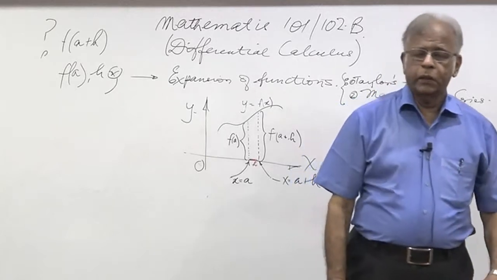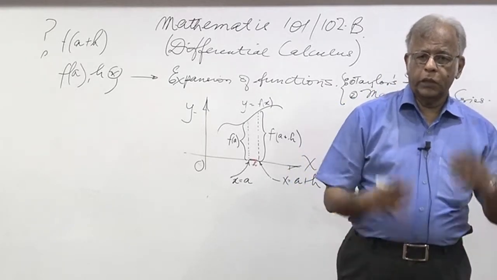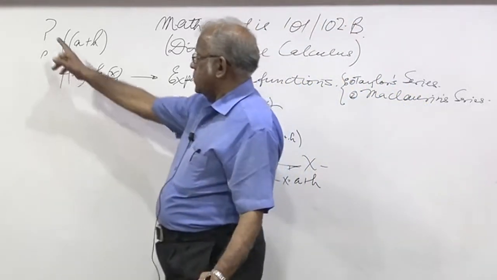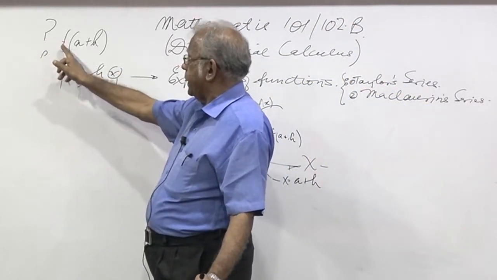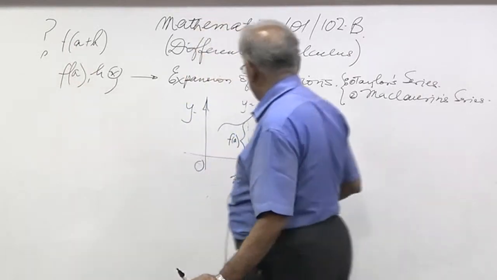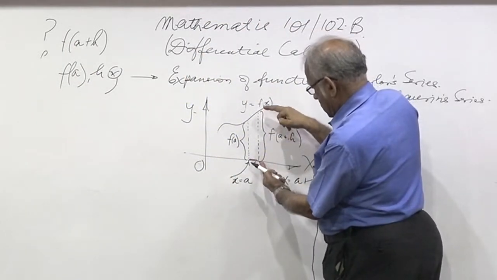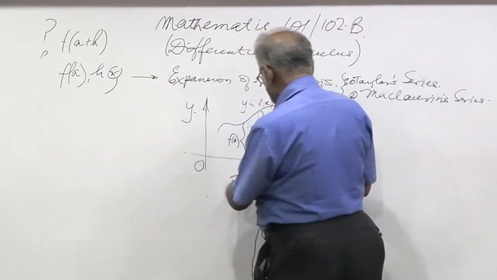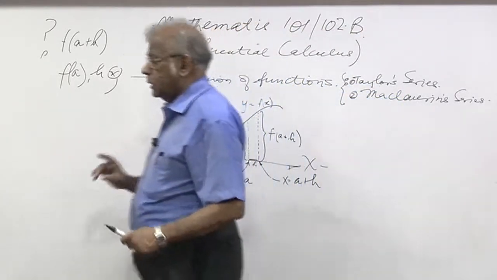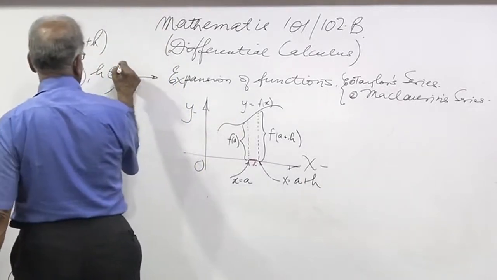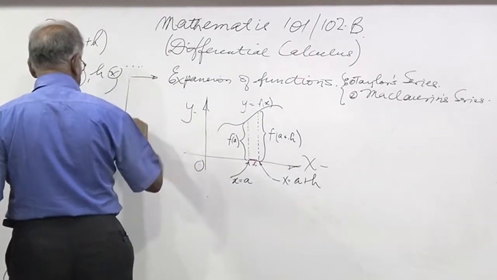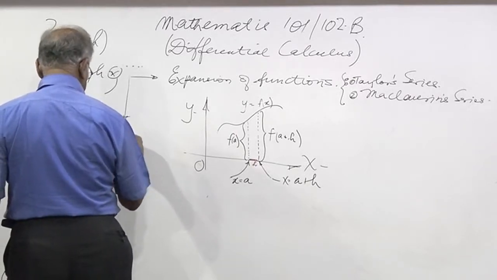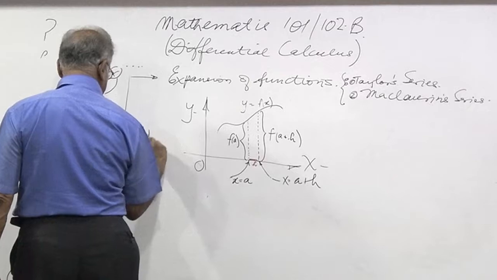I repeat the question: is there some way we can relate f(a+h), that means this ordinate, to f(a), to h and to other terms which are functions of a, h or both.